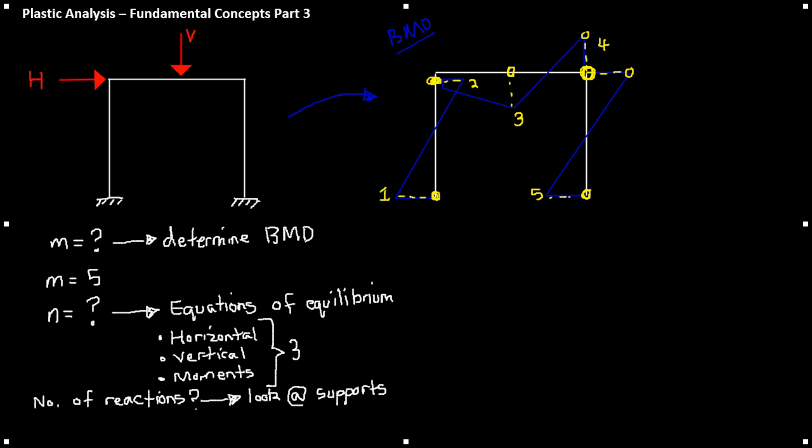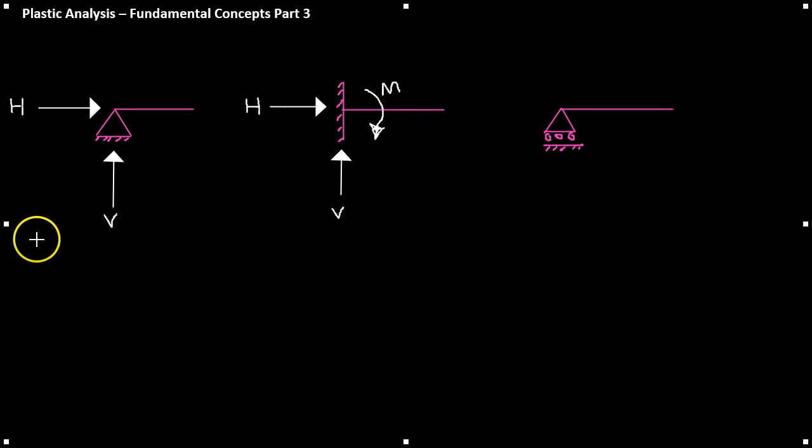So now we need to look at the number of reactions. The best way to do this is to look at the supports that we have in the system. If you have a pinned support, you'll have horizontal and vertical reactions. If you have a fixed end connection, you'll have moments, horizontal and vertical reactions.